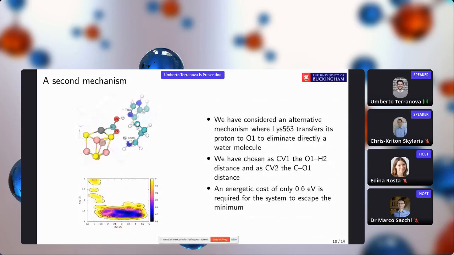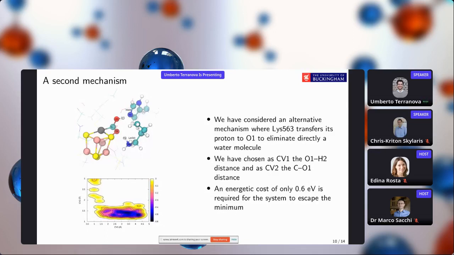So given that we are considering the COH ligand, I considered also an alternative mechanism that involves the elimination of a water molecule, which is what the ligand suggests would occur first. So this time we have chosen as collective variables the O1 H2 distance and the CO1 distance.